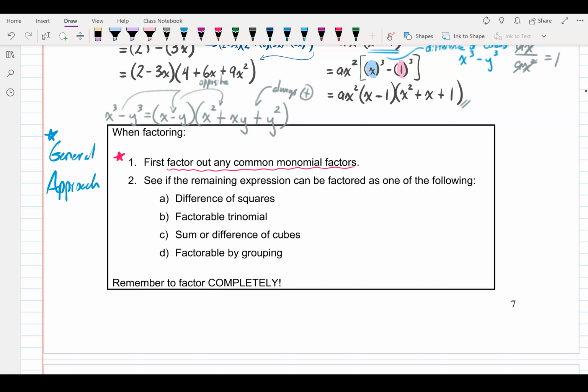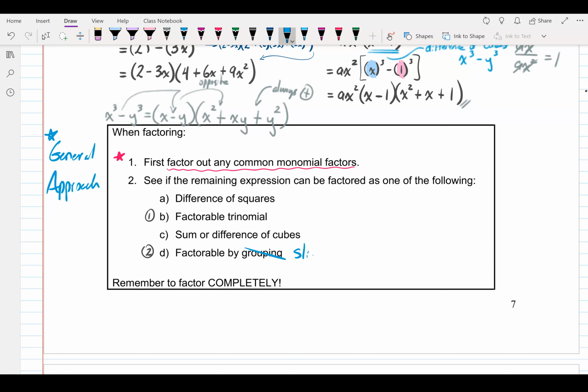Second, see if the remaining expression can be factored as one of the following things. So the order that I would look at this is not in the order that I see it here. The order I would look at this is first look and see if it can be factored as a trinomial. Second, I would see if it could be factored by grouping, which we've not called grouping. We've done a different method.